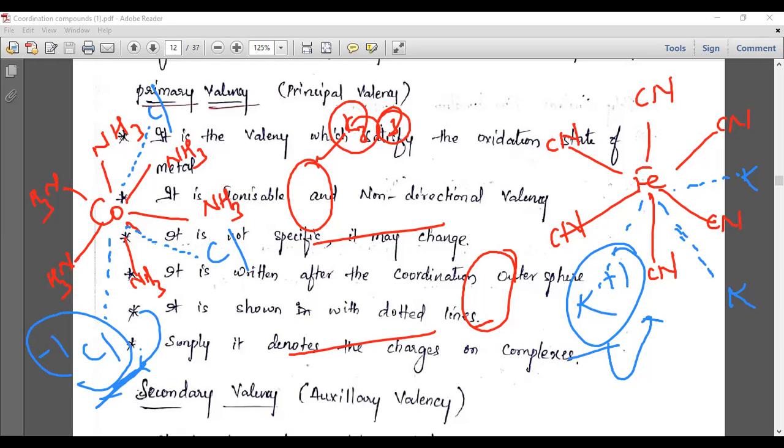This chlorine and this potassium is called our primary valency. And remember that this primary valency is written with dotted lines, and there is no particular geometry for this. You can write these three potassium ions, that is K plus, and these three chloride ions anywhere. These outside the coordination sphere are called our primary valency.